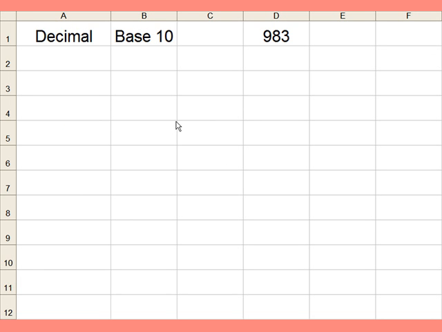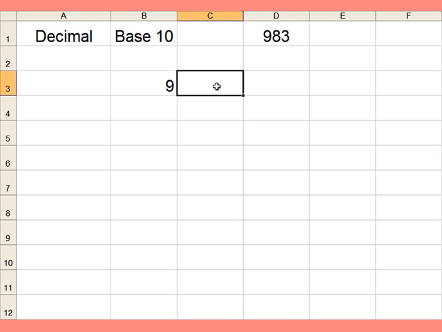Okay, here we are in a spreadsheet, and we're going to start this discussion of understanding binary numbers by first of all looking back at the decimal number system that we've been using since elementary school. The decimal number system is base 10, and let's look at a decimal number, 983, and remember what this means.